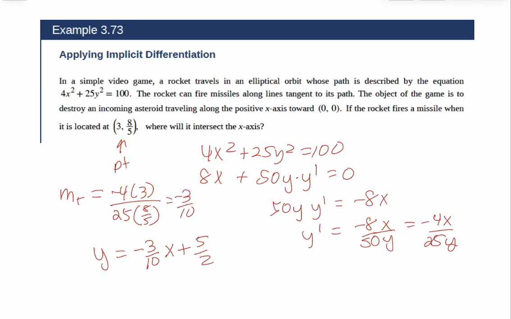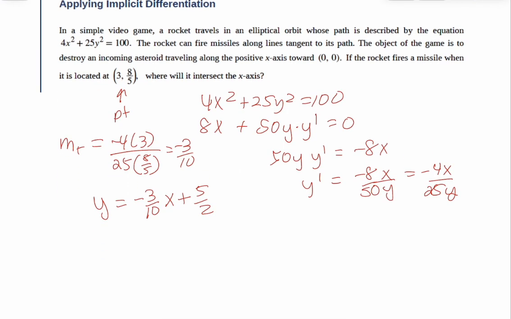Now, let's think about where it is going to hit the x-axis. Well, the x-axis is where our y value is equal to 0. So this tangent line, it's going along that line. Let's look at where y equals 0. It's not where x equals 0, it's where y equals 0.